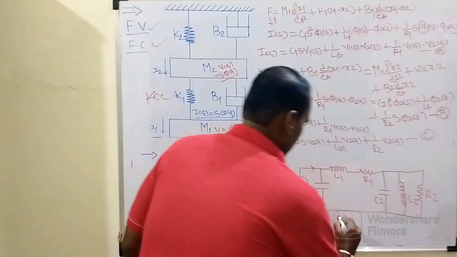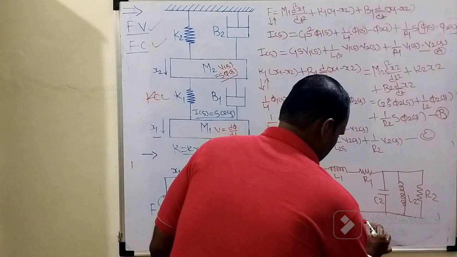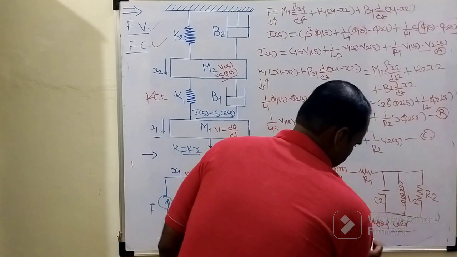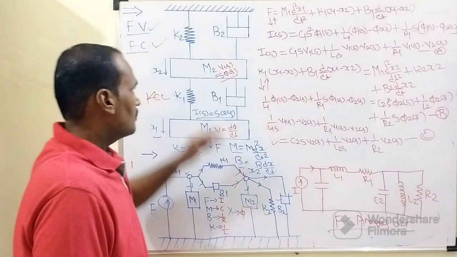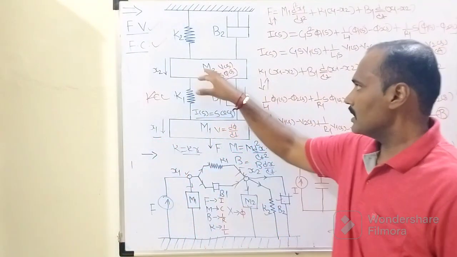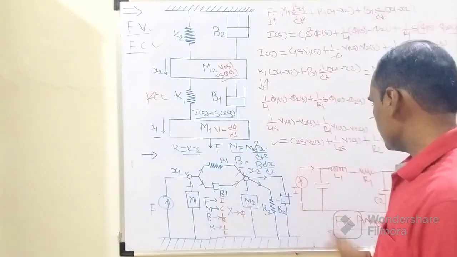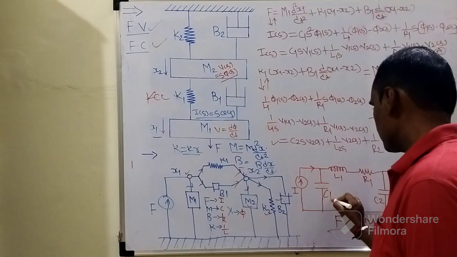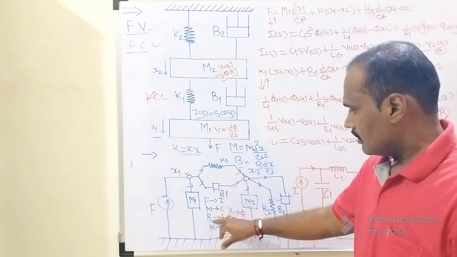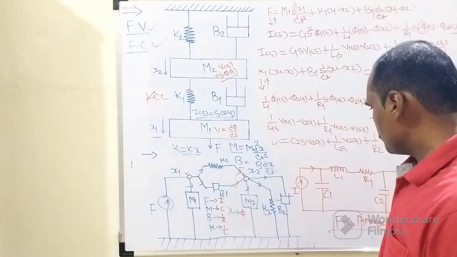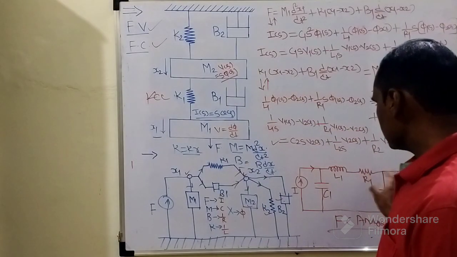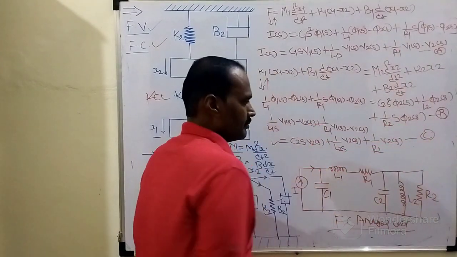So this is how the force current analogous circuit will look for this mechanical system. If we see carefully, in the mechanical system there are two masses. M is replaced with C, so this will be C1 and this will be C2. Then B is replaced with the conductance, reciprocal of R. As there are two B's, there are two R's, R1 and R2.